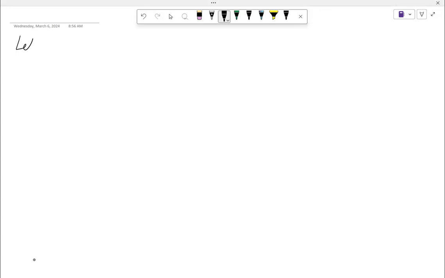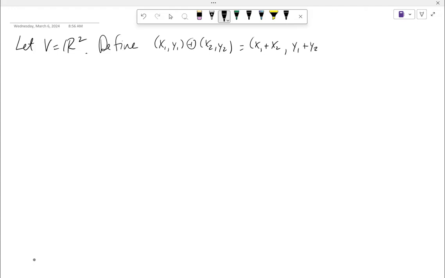Let's say we let V be two-dimensional vectors again, so vectors in R2, but let's define (x1, y1) plus (x2, y2) as normal addition in the first component, but in the second component we'll add them together, but also add a 1. Okay, so that's what our addition is going to be defined as.